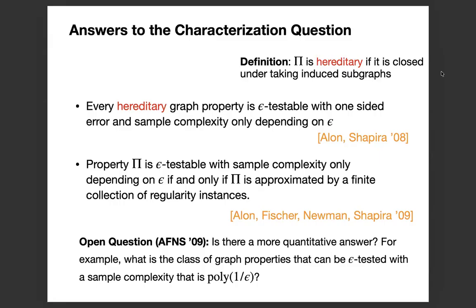For hereditary properties, it's 100% of the time. For example, for k-colorability, if you're k-colorable, every single induced subgraph is k-colorable. Yeah, great question. Any other questions?